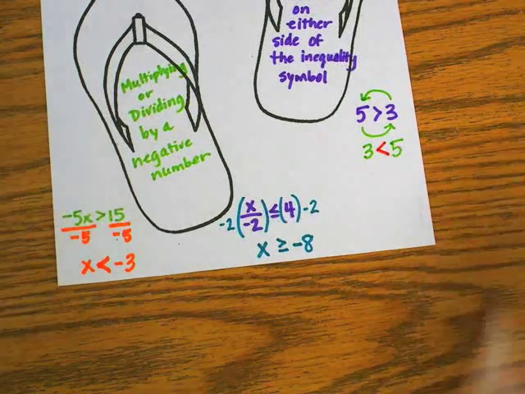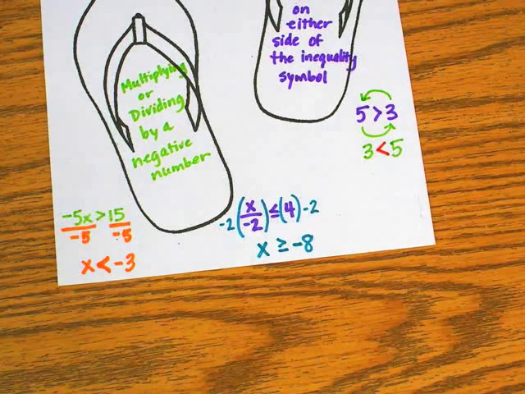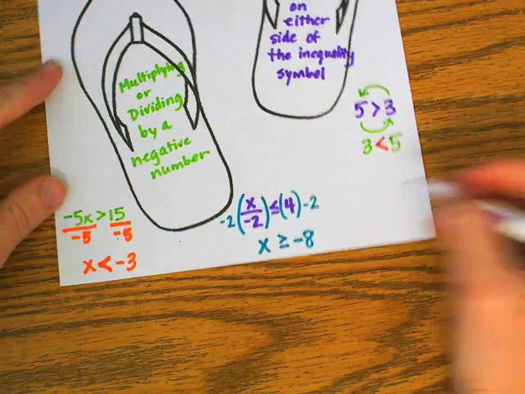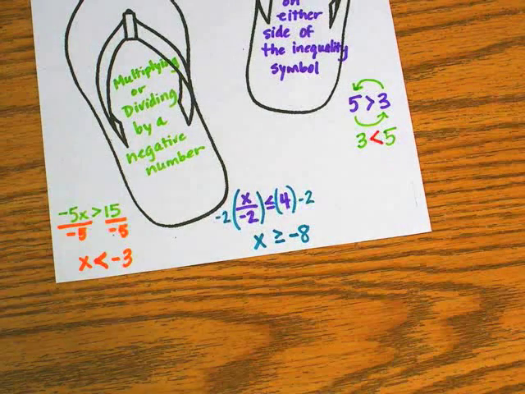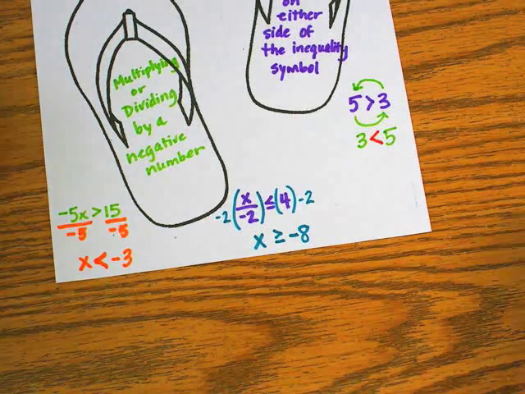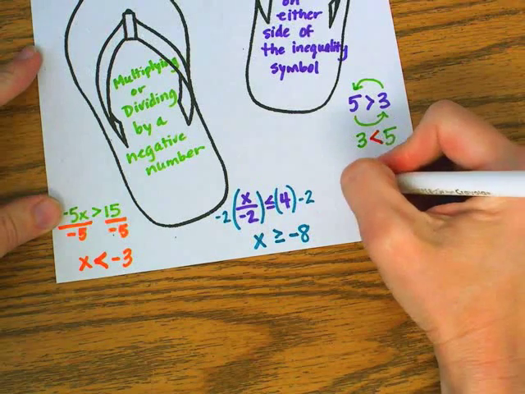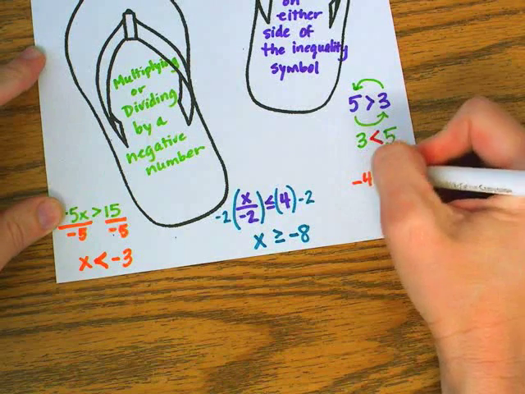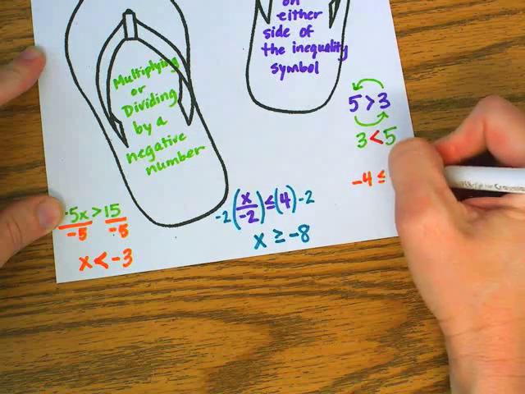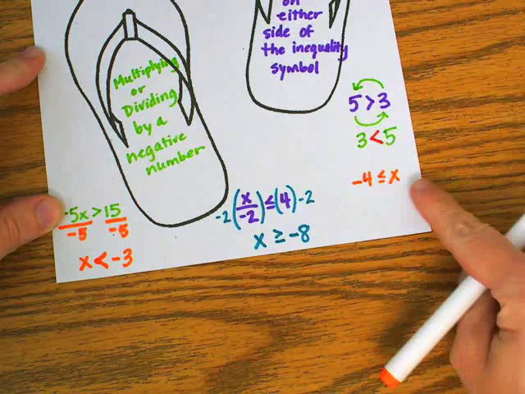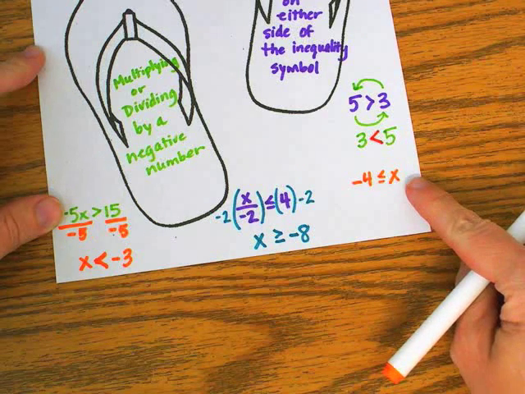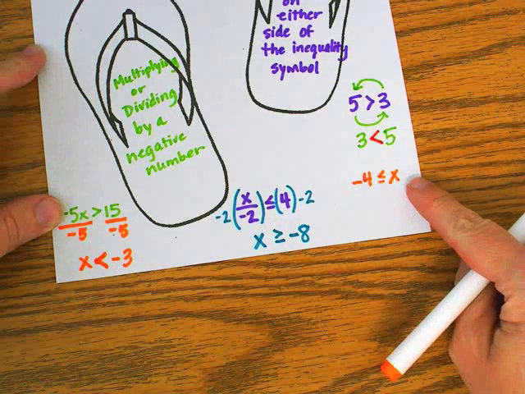One more example for that, which is more common for what you will see when you're solving inequalities: sometimes you end up with something like negative 4 is less than or equal to x. A lot of people have trouble graphing this because they get mixed up with which direction the arrow should point.